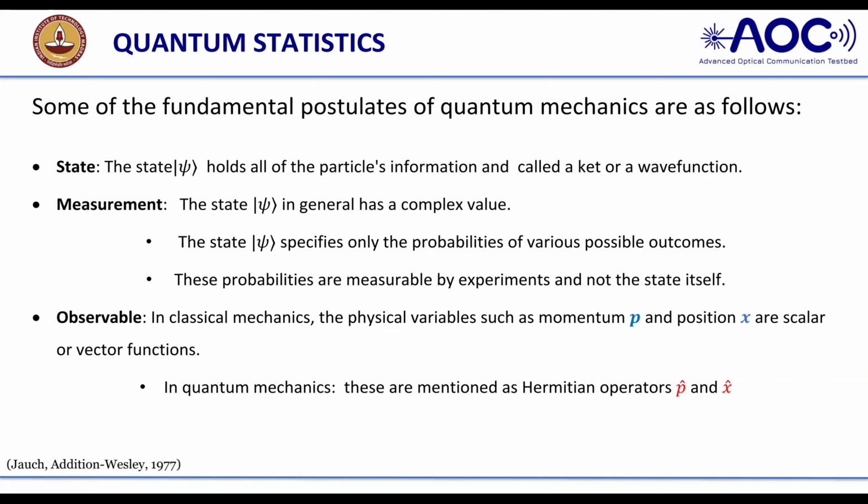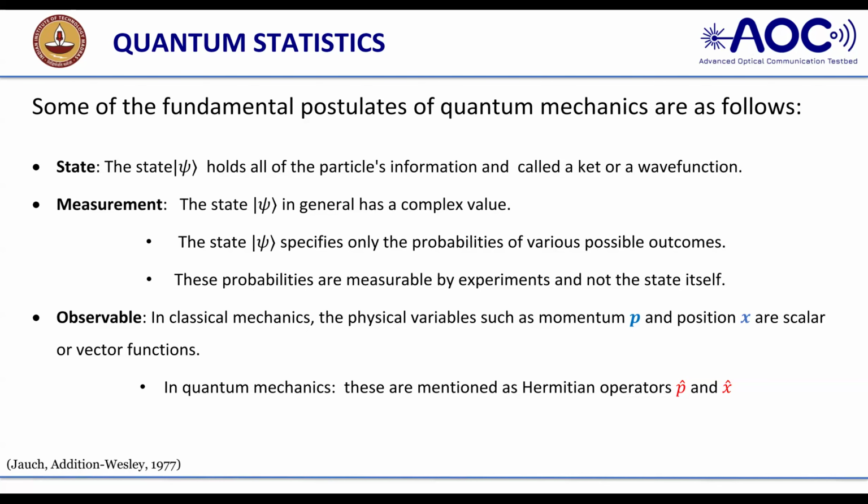Another thing: the state psi specifies the probability of various possible outcomes. When you say psi, it talks about probability, and the probability is measurable by experiment.